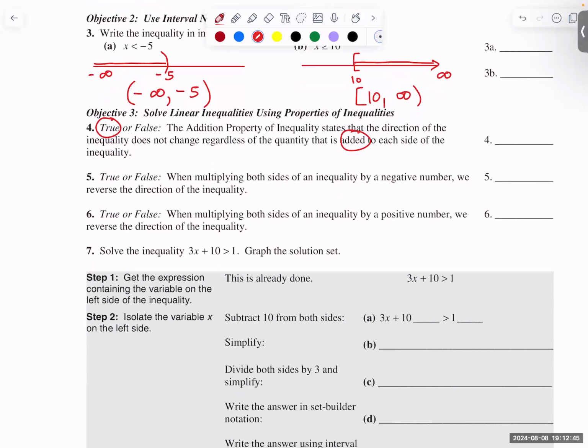Number 5, when multiplying both sides of an inequality by a negative number, we reverse the direction of the inequality symbol. That is true.